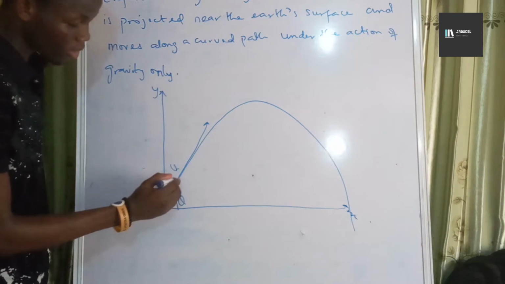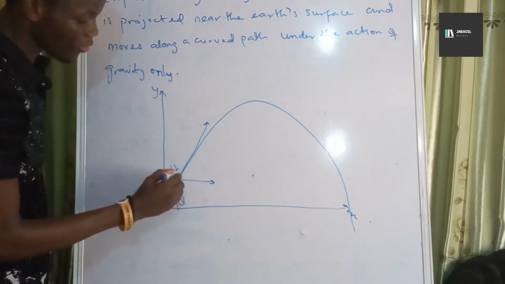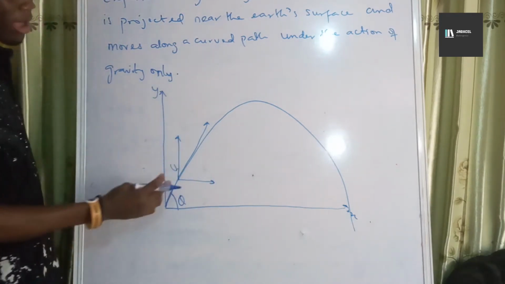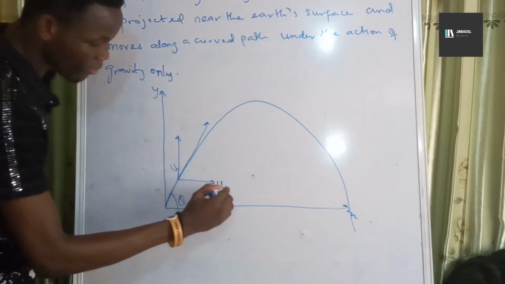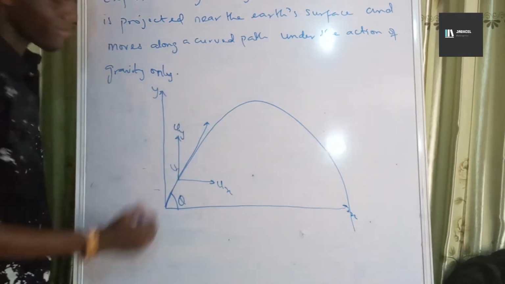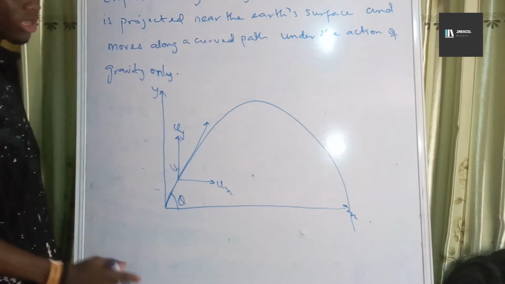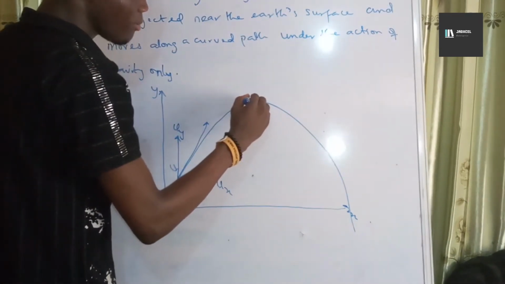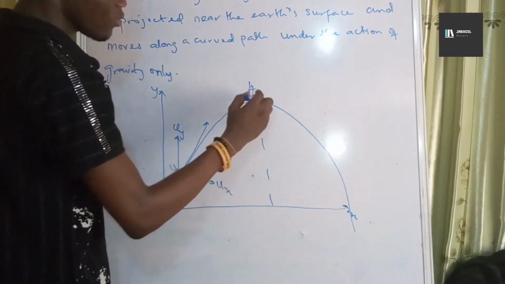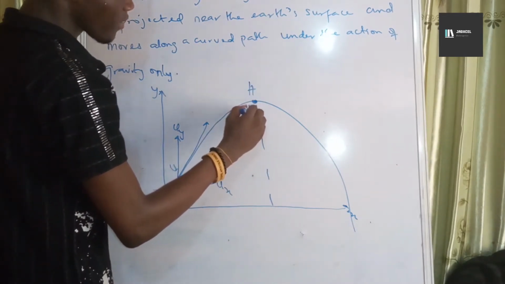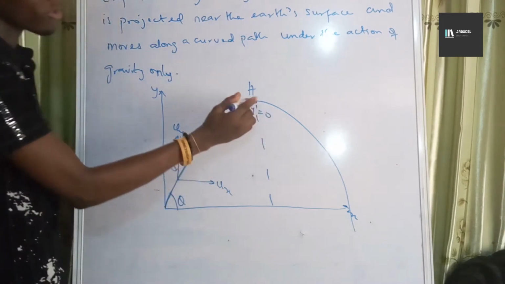At every point here you have both your vertical and horizontal components, because this is an inclined motion. Except here at your maximum height h, where your vertical velocity is equal to 0, because it stops here.